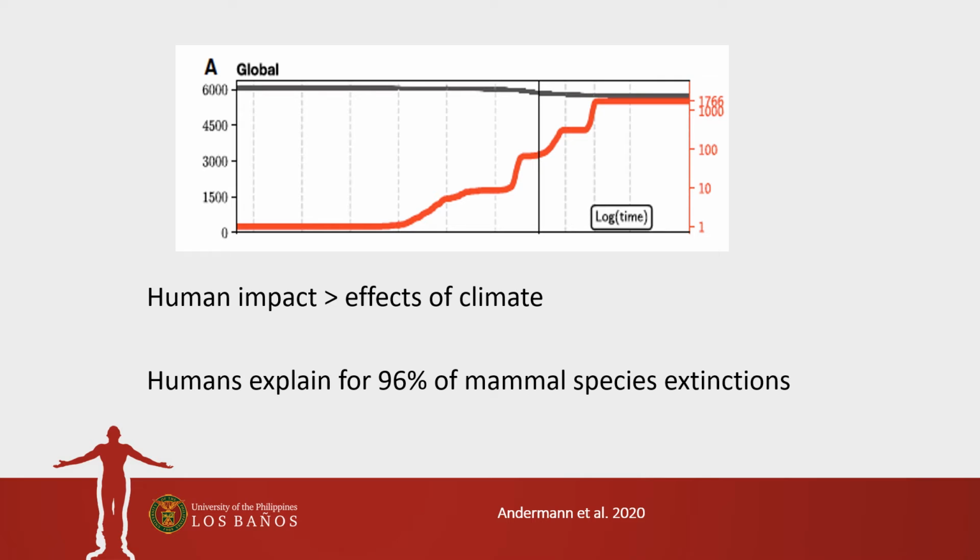They also found essentially no evidence for climate-driven extinctions during the past 126,000 years. Instead, human impact explains 96% of all mammal extinctions during that time.